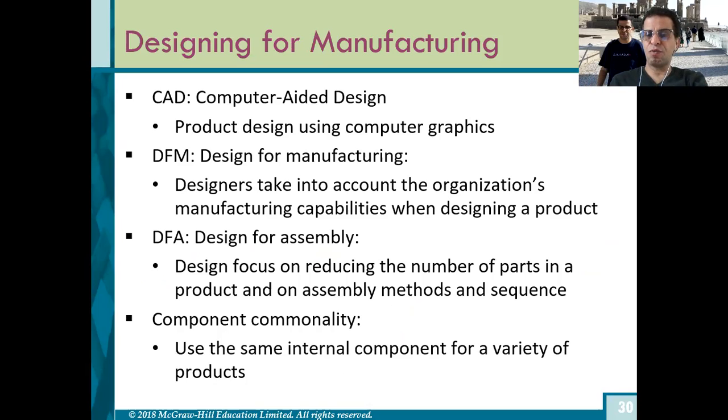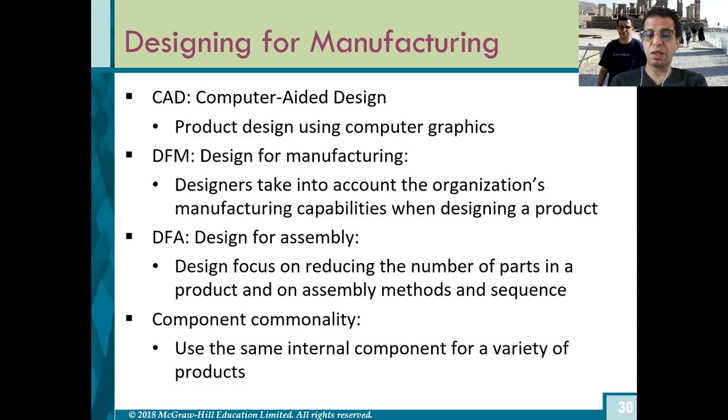In design for manufacturing, first of all, we have something called CAD, computer-aided design, which is product design using computer graphics. And then we have DFM, which is design for manufacturing. Basically, designers take into account the organization's manufacturing capabilities when they are designing a product.